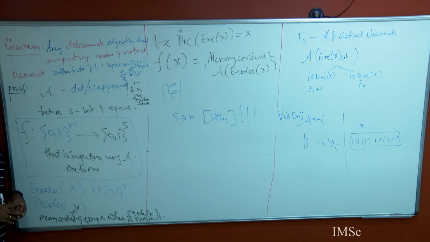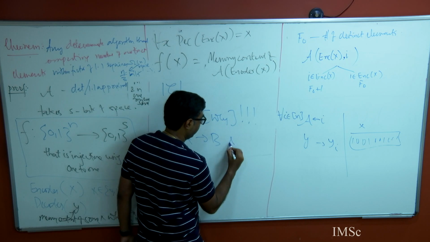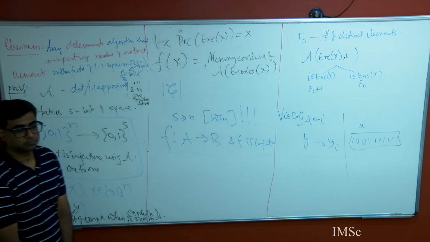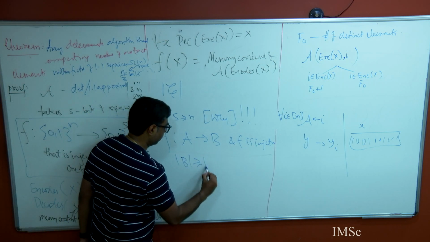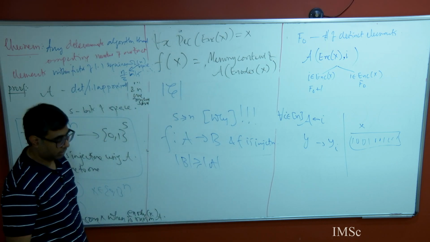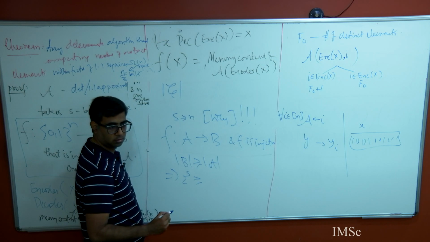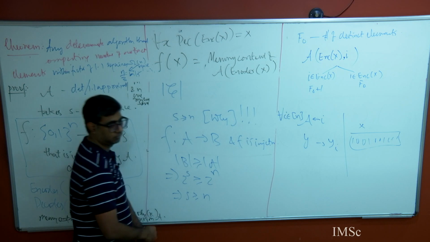That still doesn't give my answer, since we want it to be injective. If I have a function from A to B and it is injective, what can I say? The size of B is greater than or equal to the size of A, which implies 2 to the power s is greater than or equal to 2 to the power n, and that is why I got s greater than or equal to n.